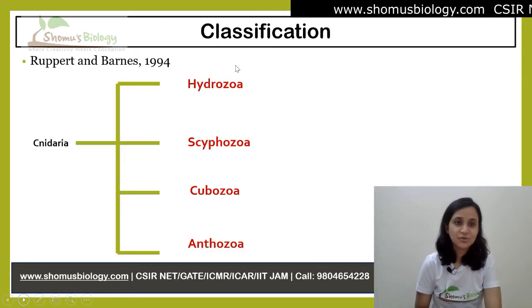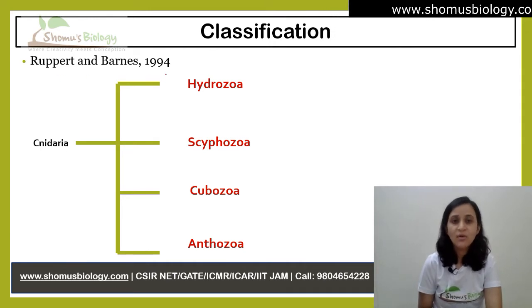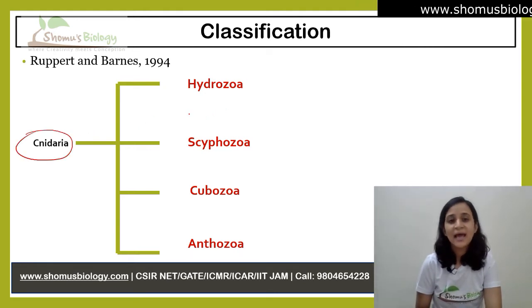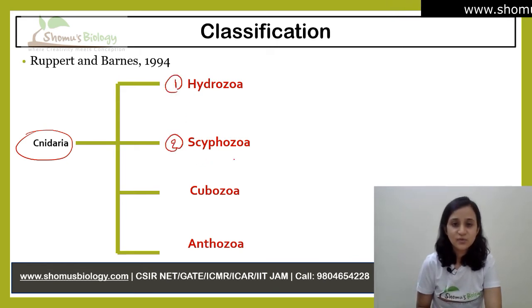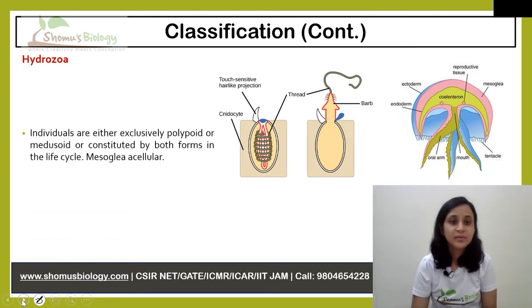Okay, next, classification. The classification is outlined by Ruppert and Barnes in 1994. The phylum Cnidaria can be classified into 4 classes: first is Hydrozoa, second is Scyphozoa, third is Cubozoa, and then Anthozoa. First is Hydrozoa.